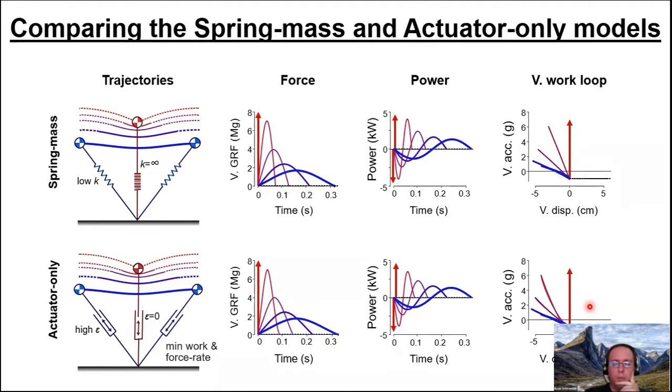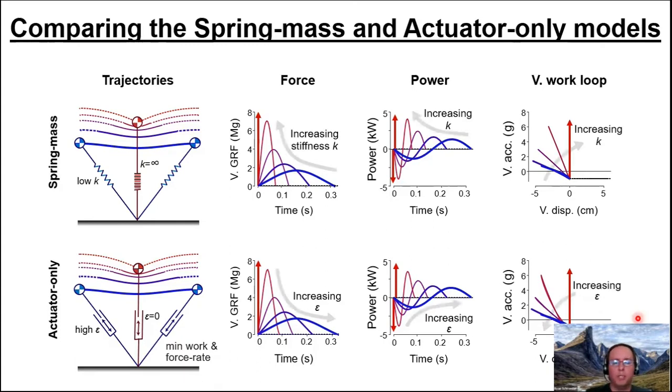And just to put a point of emphasis on this, if you look at the vertical work loop of the actuator-only model, you almost get this pseudo-stiffness, a linear vertical work loop curve with almost no hysteresis, even though there's no spring in the leg. So the actuator is acting kind of like a spring, even though it's not actually a spring.